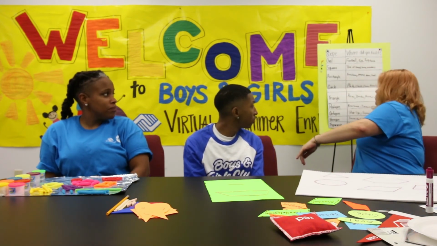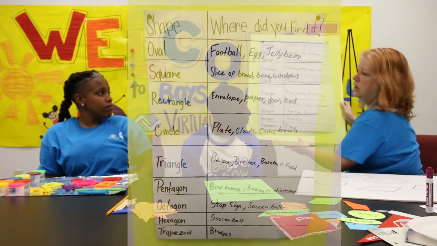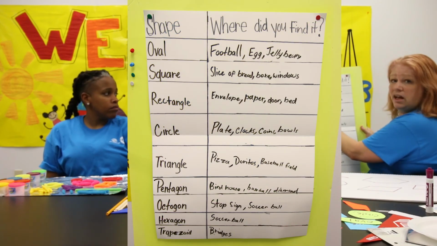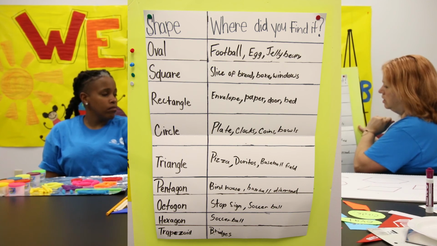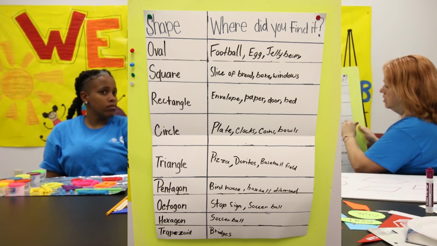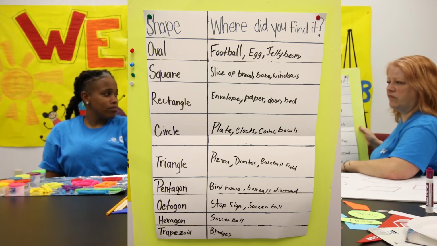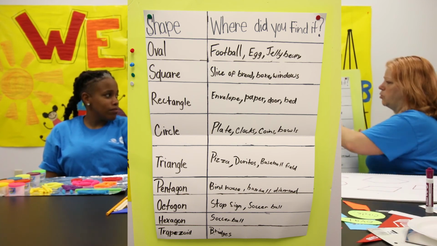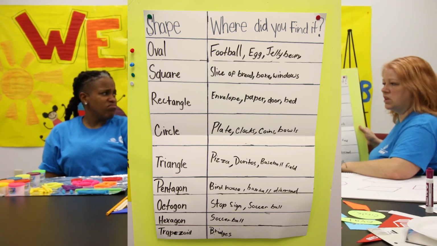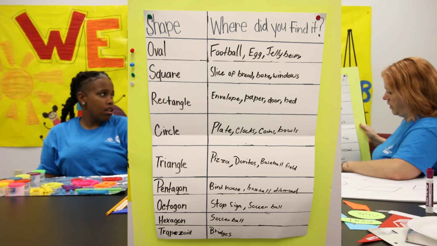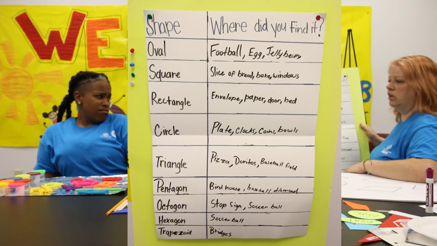I think with our chart, and I'll bring it over here for y'all to see, the most common were probably the rectangle and the circle. Those are the most common ones that you can find, and maybe the square was our most common. I agree. What do you think was our least common, that we really couldn't find in our house or in our yard?